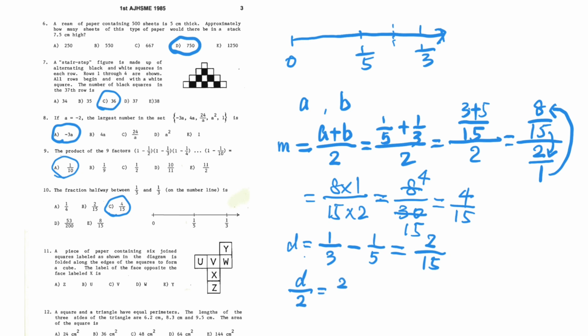So 2 over 15 divided by 2, that's times 1 over 2, gives us 1 over 15. So 1 over 15 is not the midpoint. The midpoint is halfway, the distance from 1/5 to the midpoint and from 1/3 to the midpoint.